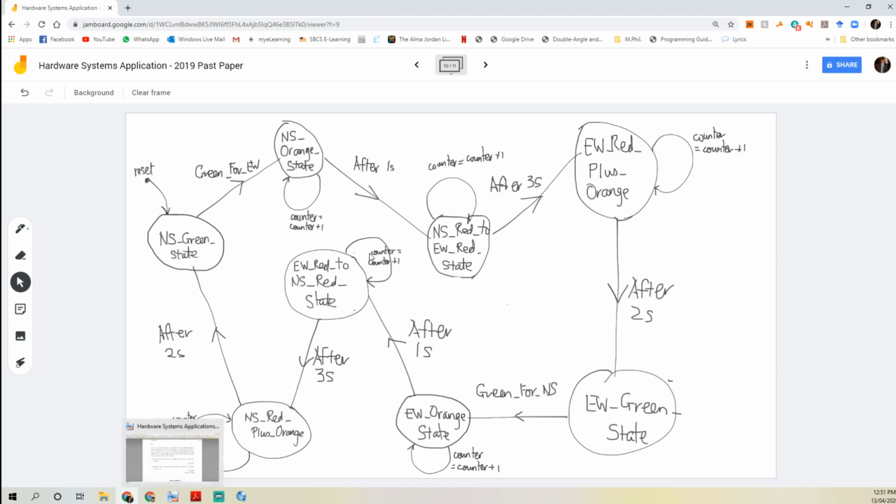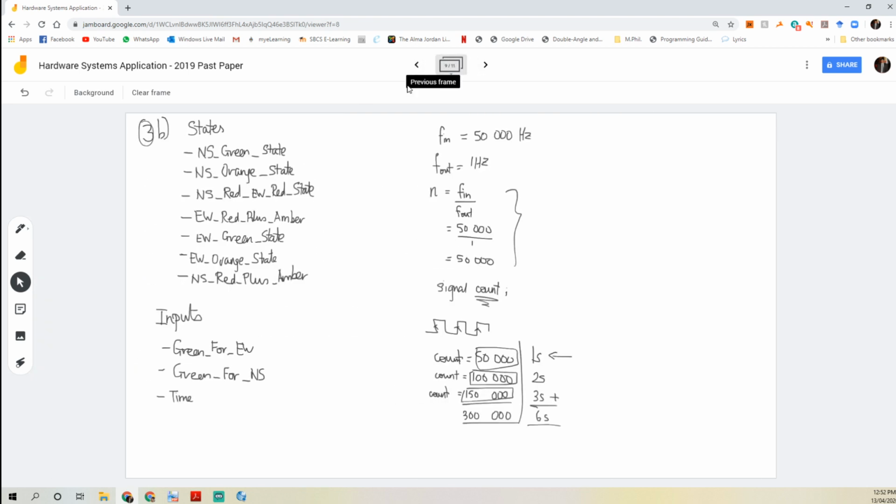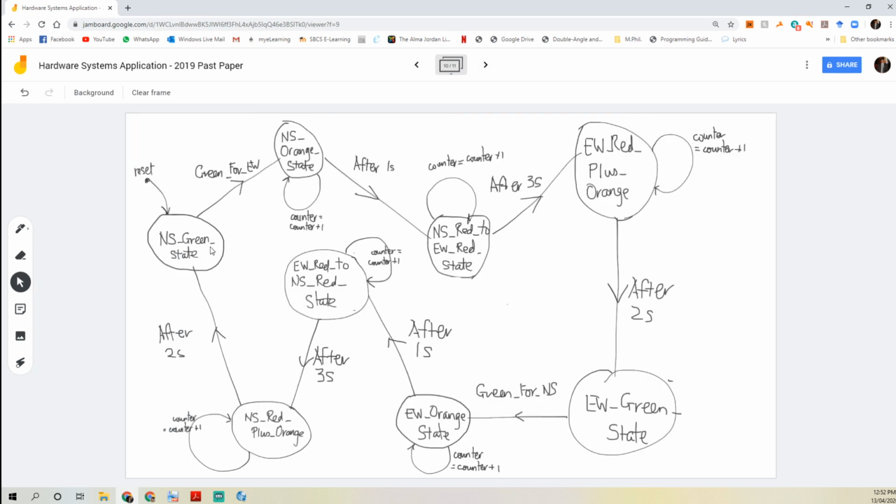All right, which means that this is an additional state here. So I'm going to list this here as a final state, east-west red to north-south red state. So it's important to note that we don't reuse that state there, because if we reuse the state, we wouldn't be able to distinguish whether we're going from north-south green to east-west green or east-west green to north-south green when both of those lights turn red.